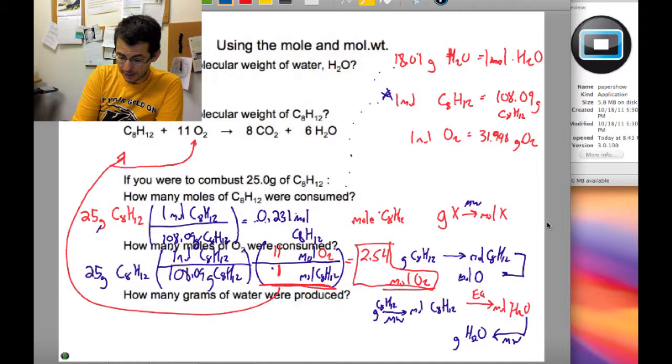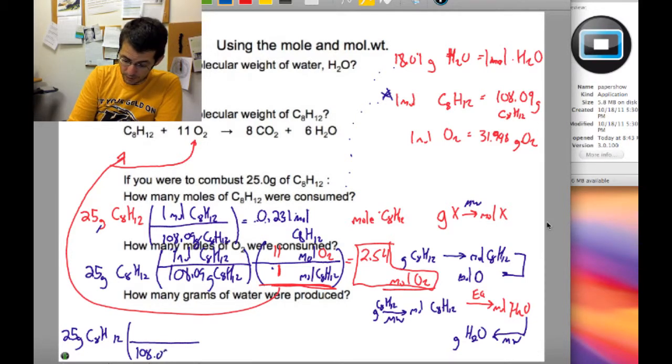So what does that look like? Again, starting with our 25 grams of C8H12. We know that for whatever 108.09 grams of C8H12, 1 mole of C8H12.